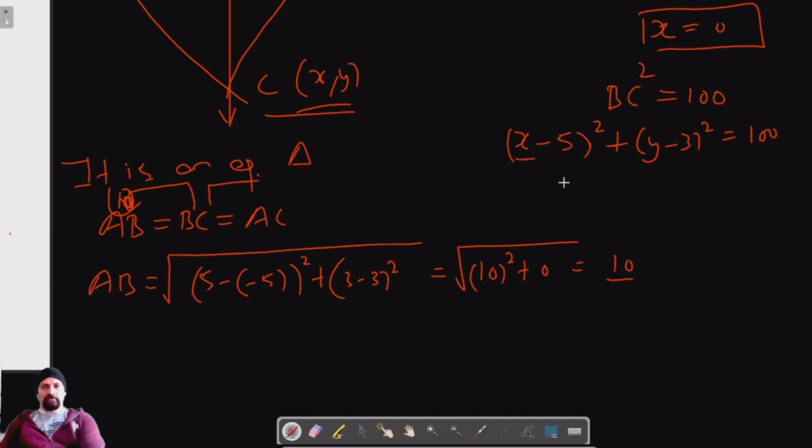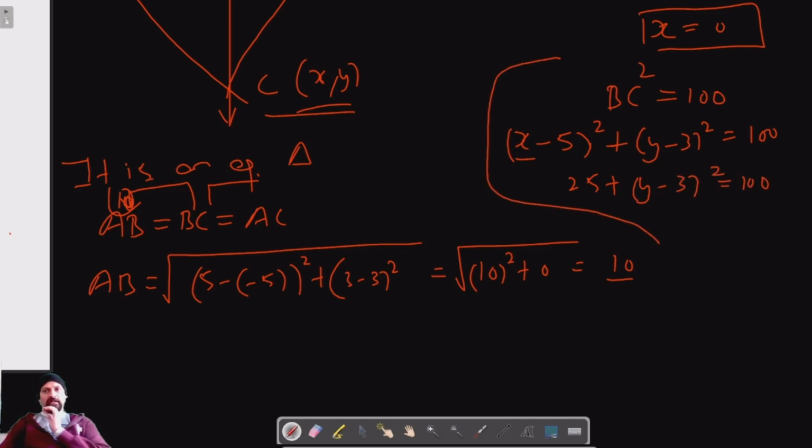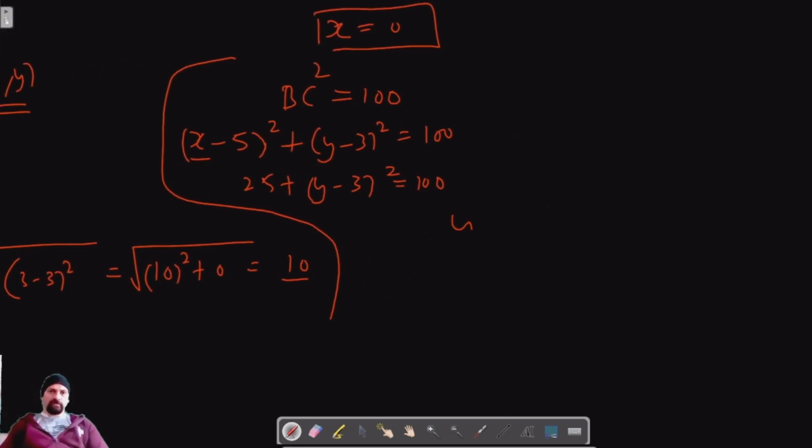Since x is 0, this is minus 5 square is 25, so y minus 3 the whole square is equal to 100 minus 25, which is 75.